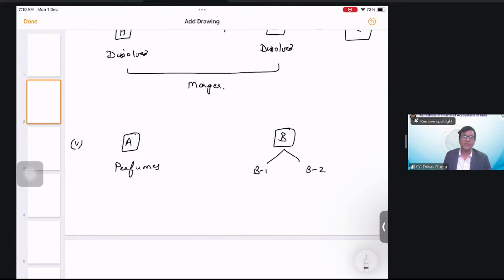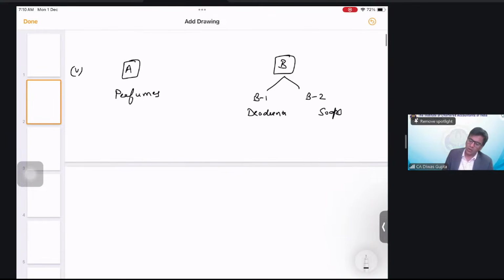Now B1 is for the deodorants and B2 is, let's say, for the soaps. Now what will happen between A and B? Both of them will continue their legal identity.